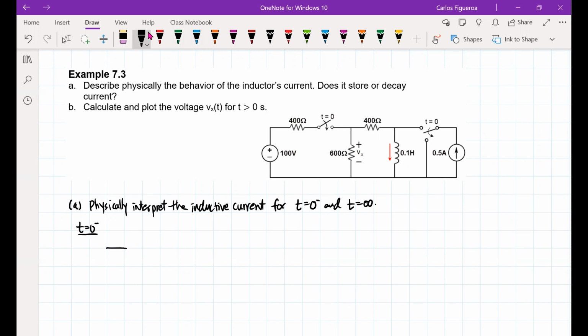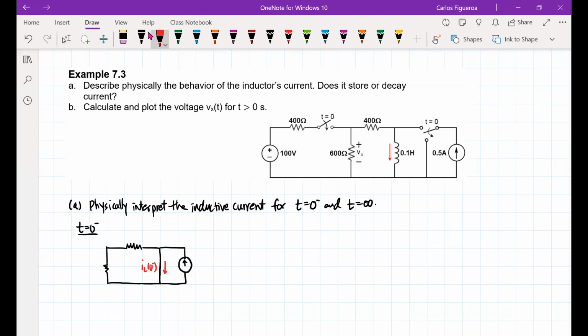So my first circuit looks something like this. Here's the 400, there's the 600, and then the inductor acts like a short. And here is my current of the inductor looking like that.